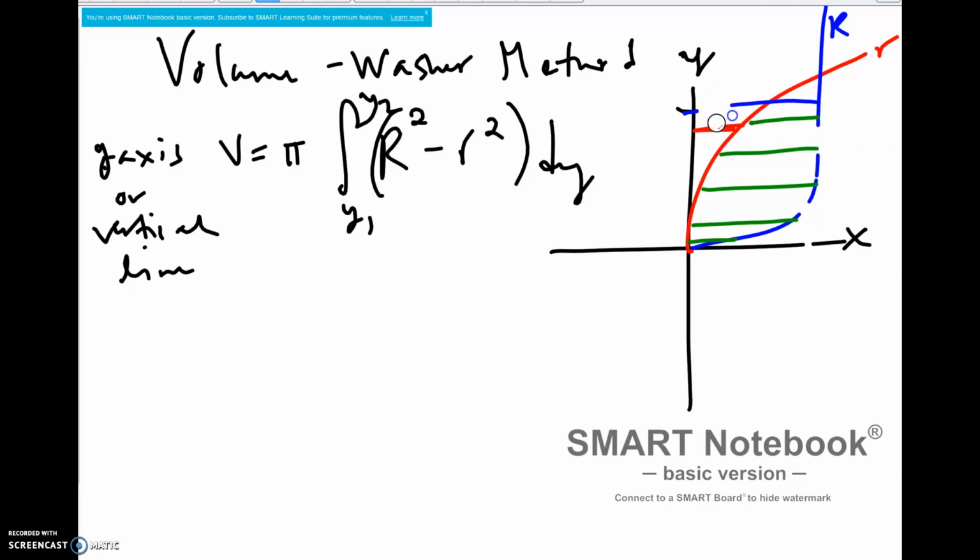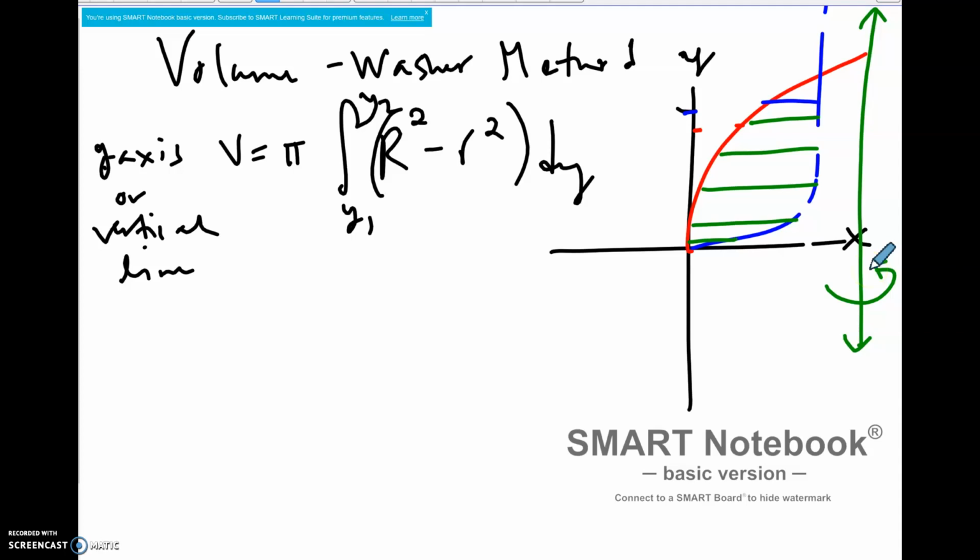Now if I were to change this doodle, and let's say I'm not going to rotate it about the y-axis anymore. I'm going to give these little names here. And let's say I'm rotating about this vertical line here. You can see that there's still a gap between my horizontal strips for my solid and this green vertical line.